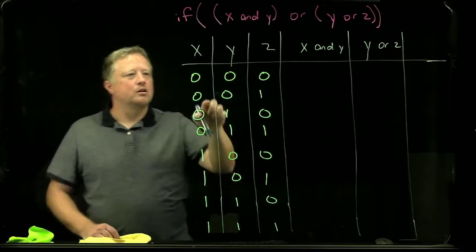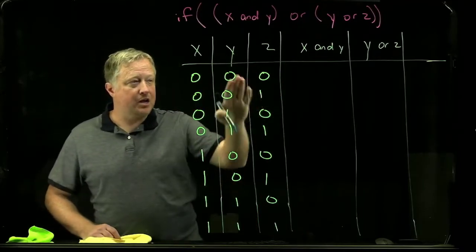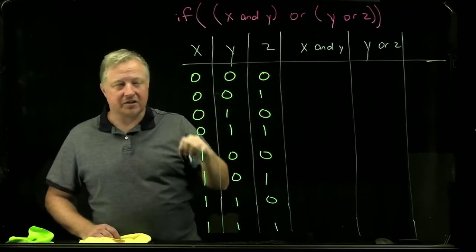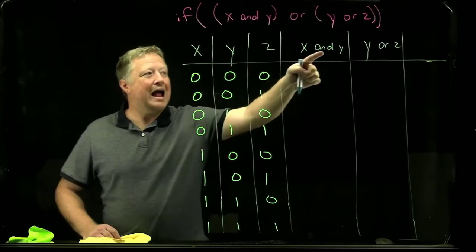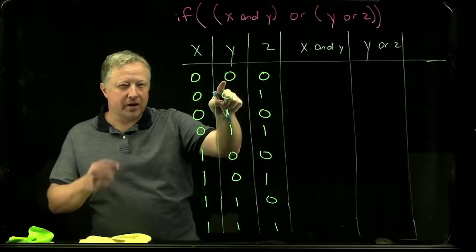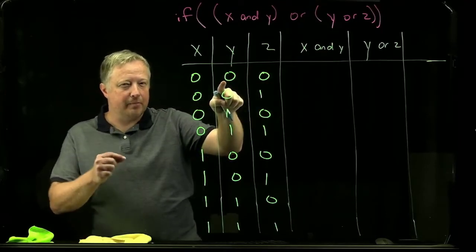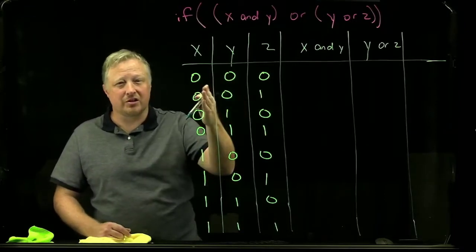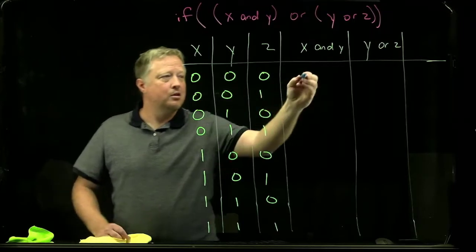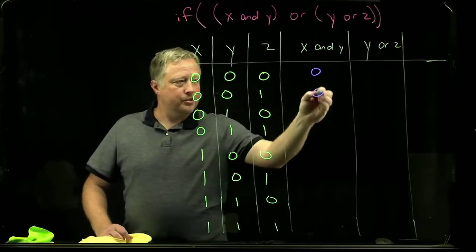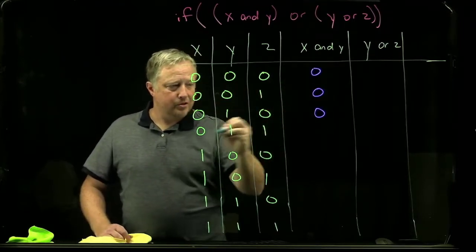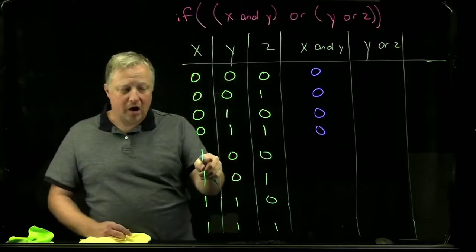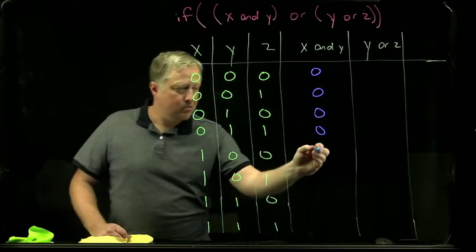I'm going to do this one row at a time. Again, I'm forgetting about z. 0 and 0. Remember, with an and, I need both of them to be true, or ones, in order to be true. So as soon as I see a 0 for an and, I know it's a 0. So 0, there's a 0, there's a 0, there's a 0. Okay, now here's my first 1, but the other one's a 0.